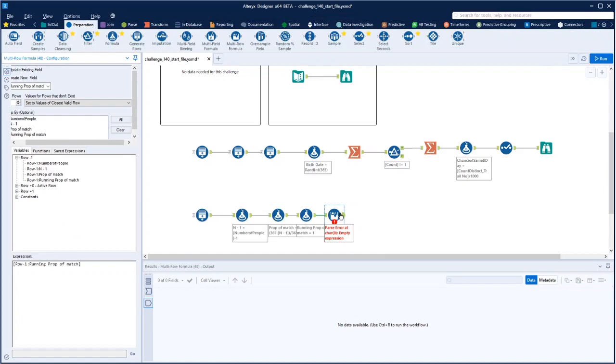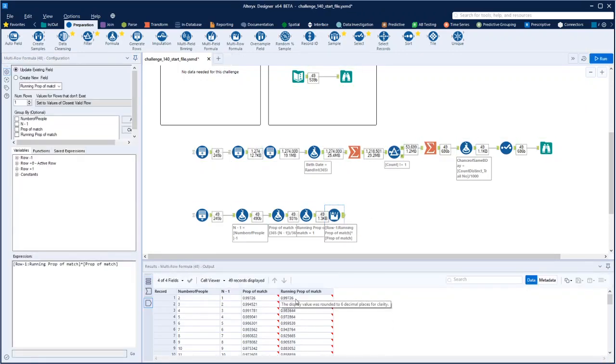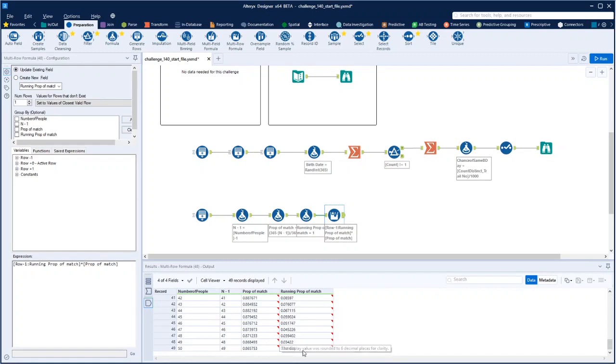So if we then take that and we times by the probability of match on the same row, that should give us the rundown. Let's have a look. Yeah, so that's the probability of us not matching in the group.